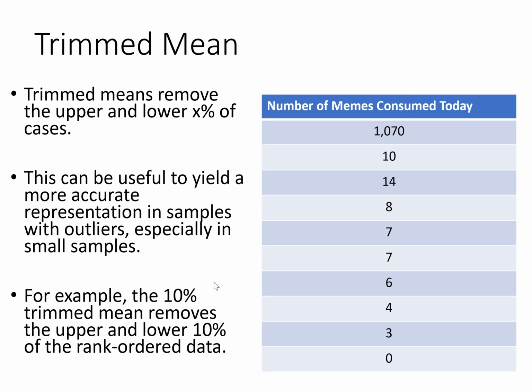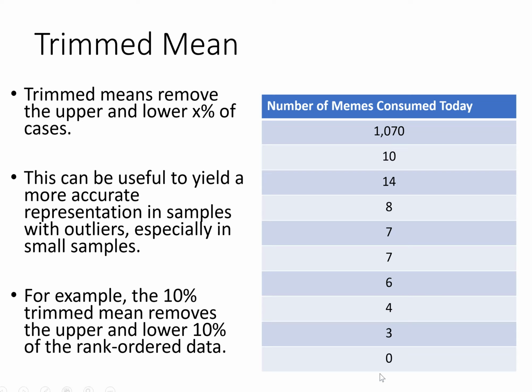For instance, this variable has one case that scored 1070, which is well beyond what the rest of the cases scored. And so including that in the mean would actually pull the mean way up and make it not typical of what is in this variable.